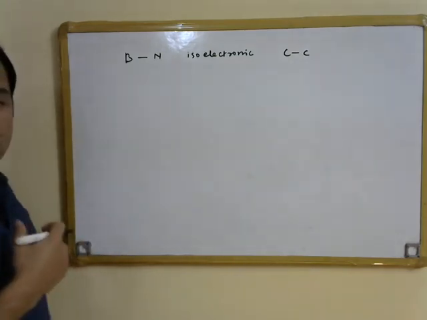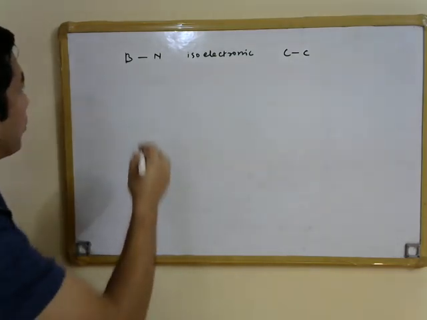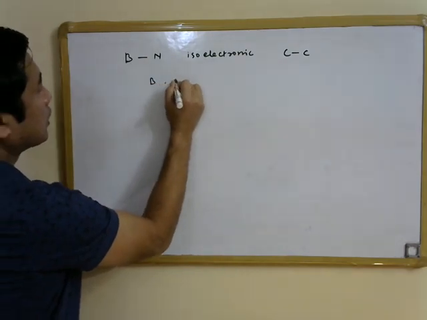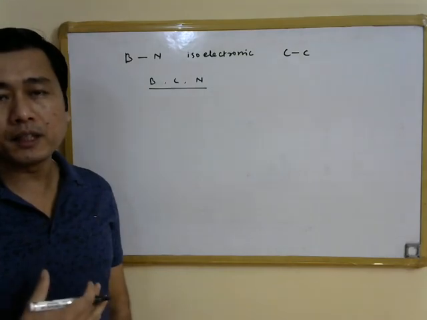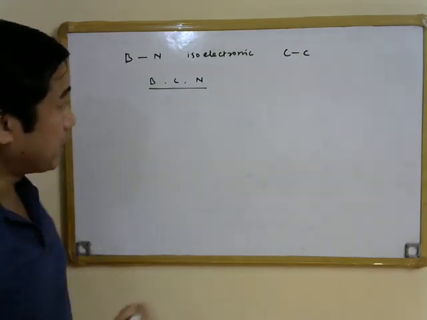Moreover, if you look at the electronegativity of boron, carbon and nitrogen, what we will find is that their electronegativities are quite similar.